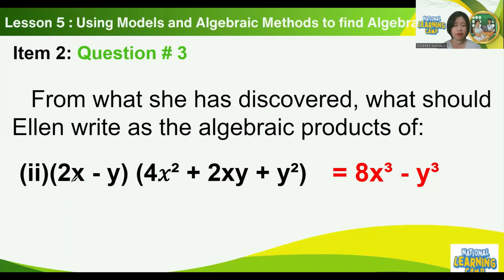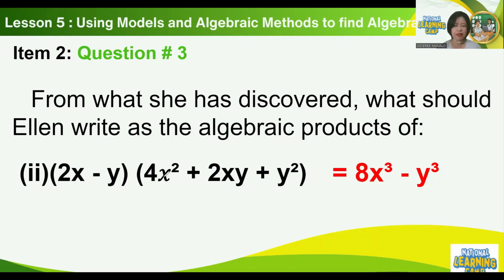So 2x times 2x is 4x squared. Next, the second term in the trinomial factor must be the negative product of the first and second terms. So 2x times negative y is negative 2xy, and the negative of that is positive 2xy. Next, the third term in the trinomial factor is the square of the second term of the binomial factor. So negative y times negative y is y squared.